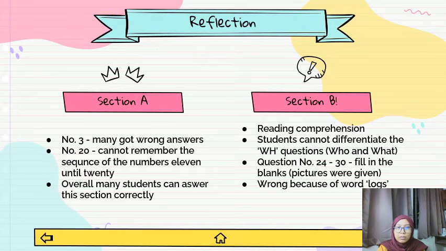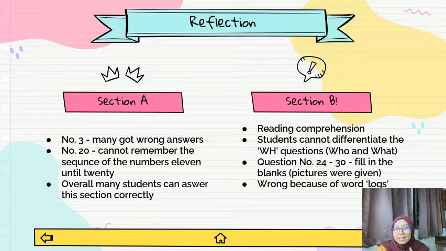So now for section B. Like I said just now, section B is to assess whether they can read, understand, and write the answers, because this section consists of fill in the blank test items.